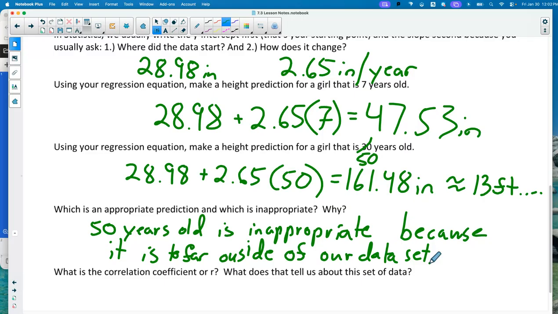It honestly comes down to the one simple thing at the end. It's outside our data set. That's really it. So we don't give you that gray area to look at.